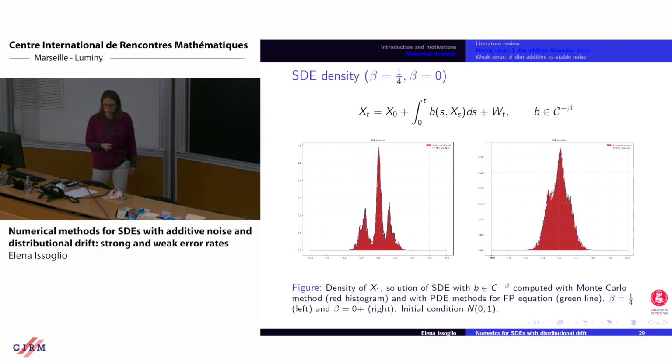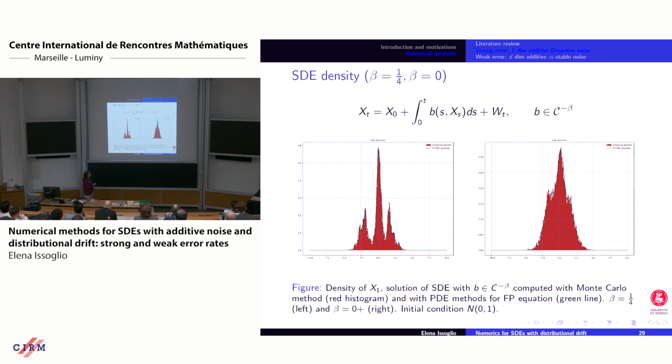And this is just to show what the density of the solution looks like at time 1. So you start with the standard Gaussian X_0. You run the numerics for time 1. The drift on the left picture is the drift from the left picture before. So this drift here was in the space C^{-1/4}. Instead, the drift on the right-hand side is in the space C^0, more or less.